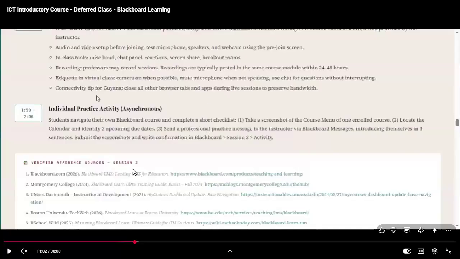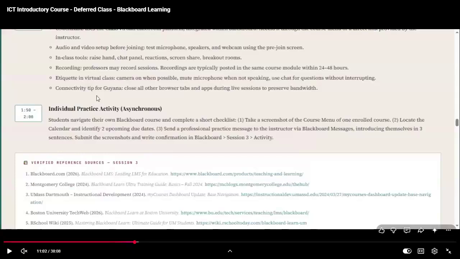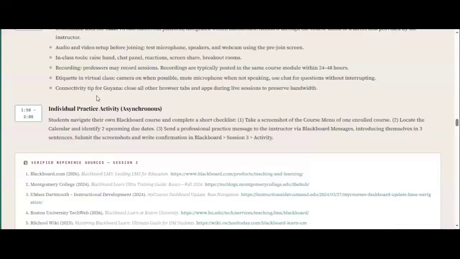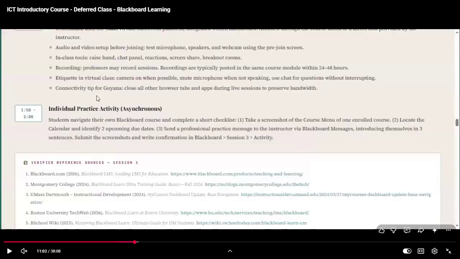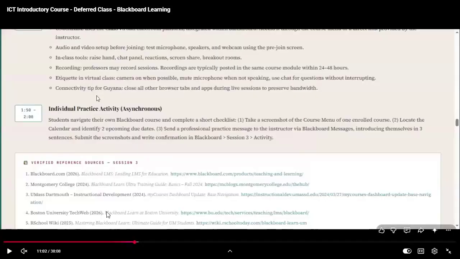So it's important to recognize that all the topics and all the information are connected. That's also the way I've been giving you the precise information, so you are getting familiar with the technological environment, the document processing environment, and now the Blackboard environment as well.